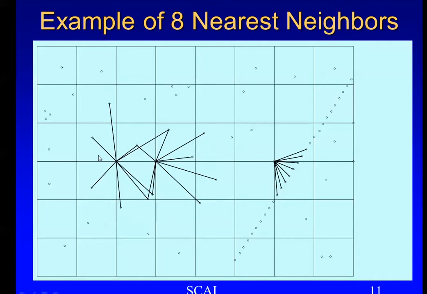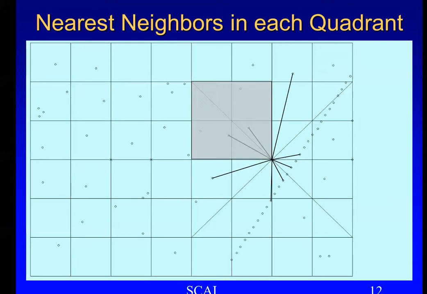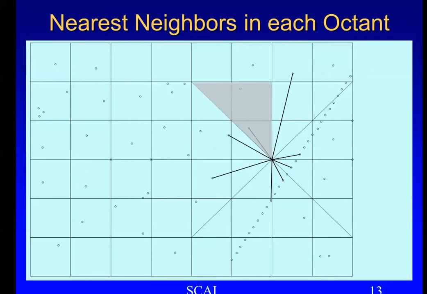That works out well in this western region where the points are randomly oriented, but over here where we have a 2D line, all of the neighbors are on the same side of the point. Not good. Perhaps we could pick only a certain number of neighbors in each quadrant or each octant, and that would get around the problem of having all the neighbors on one side of the data point.